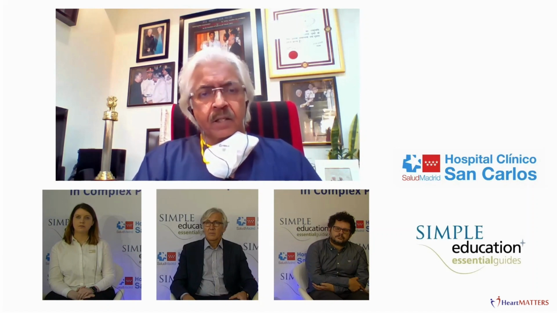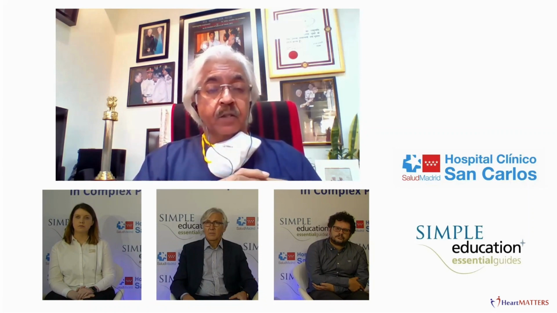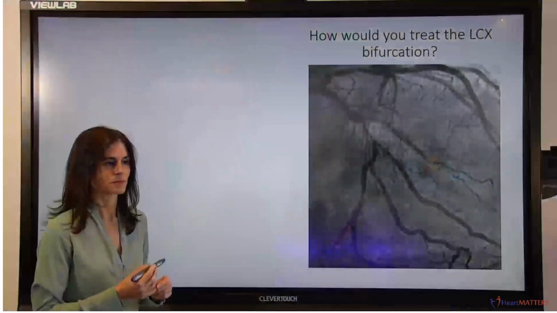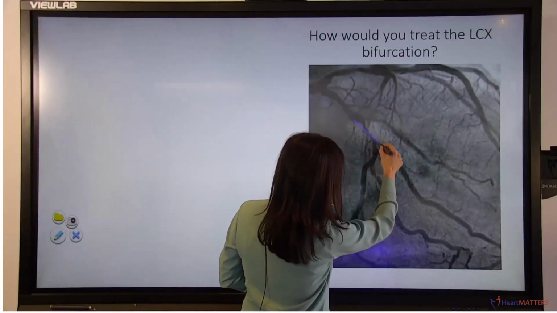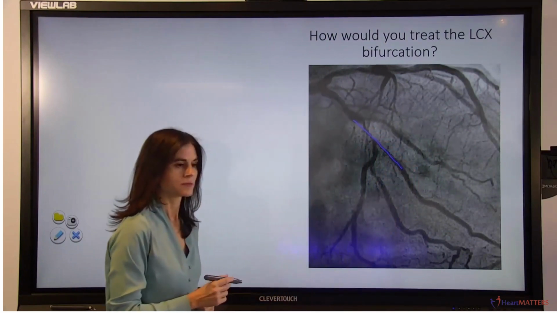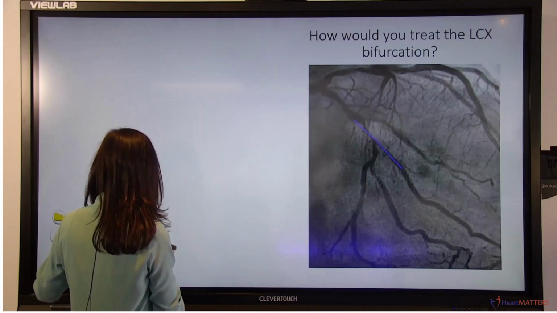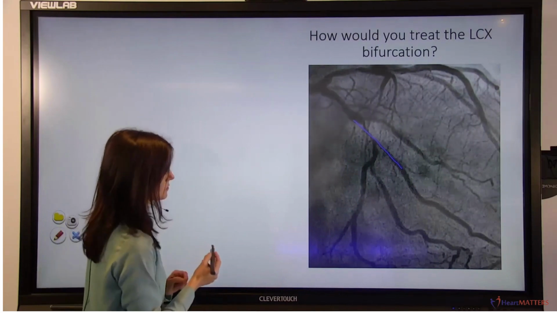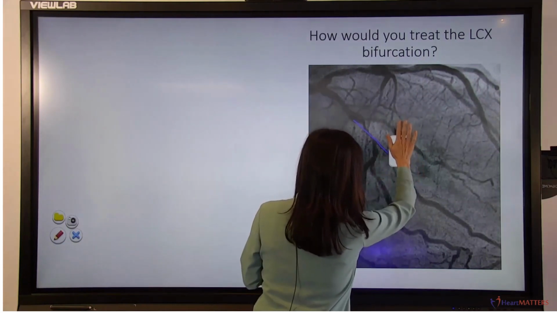And we could always measure the FFR down the main circumflex following the stent to the OM and see whether it was provisional or whether we required to optimize it any further. So that's the way I look at it. The chance of creating an occlusion on a side branch is most to that OM2 rather than to the main circumflex.